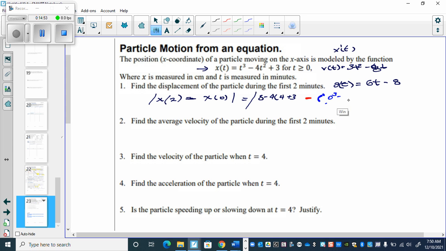So 0 cubed minus 4 times 0 plus 3. 8 minus 16 is negative 8, plus 3 minus 3. And I get negative 16, and I'm going to see what units we have here. Negative 16 centimeters.